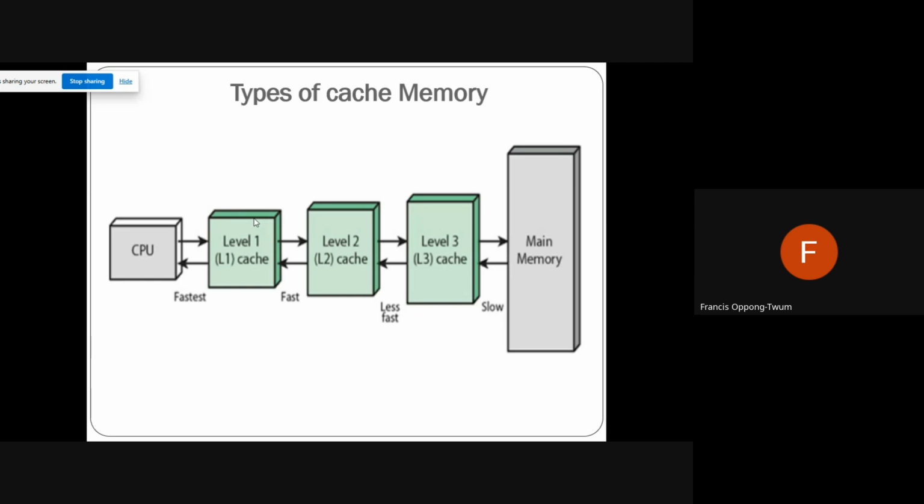You can see the types of cache memory that we have. But mostly the L1 cache is closer to the CPU, and it is the fastest. The L3 cache is quite slow because it's not closer to the CPU.